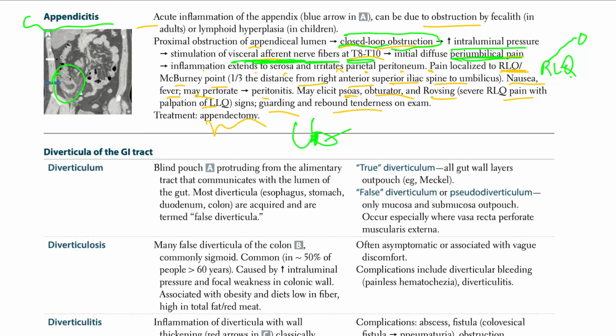It sends the pain through the visceral afferent nerve fibers at T8, which causes a diffuse sort of pain, which is the periumbilical pain.